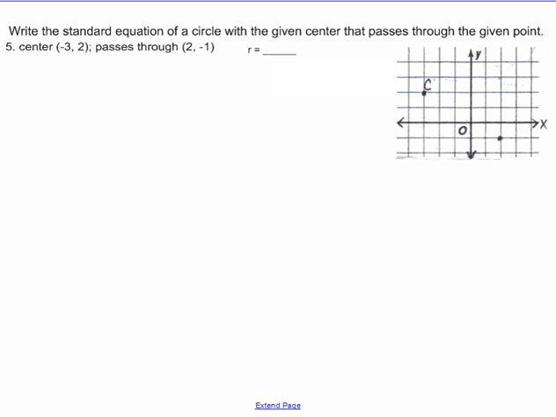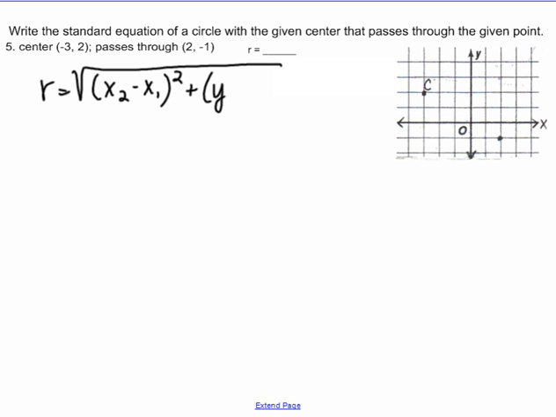That formula, remember, is the distance formula: the square root of x2 minus x1 quantity squared plus y2 minus y1 quantity squared.